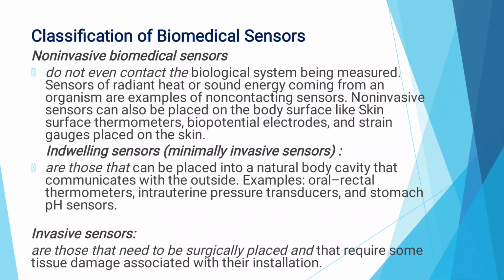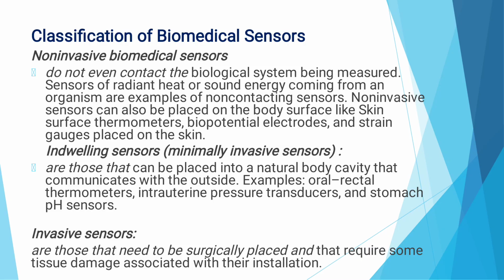The second type is indwelling, or minimally invasive sensors. These sensors are placed inside natural body cavities that are connected to the outside environment. Examples are oral thermometers, rectal thermometers, stomach pH sensors and uterine pressure transducers.